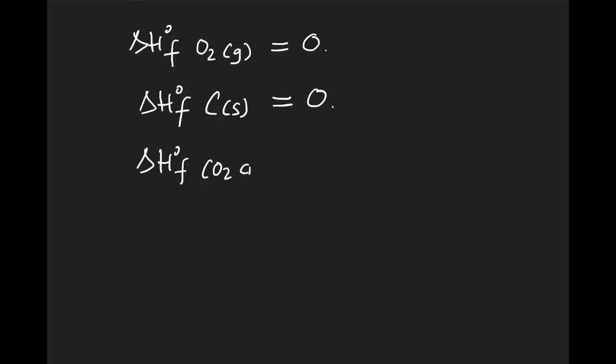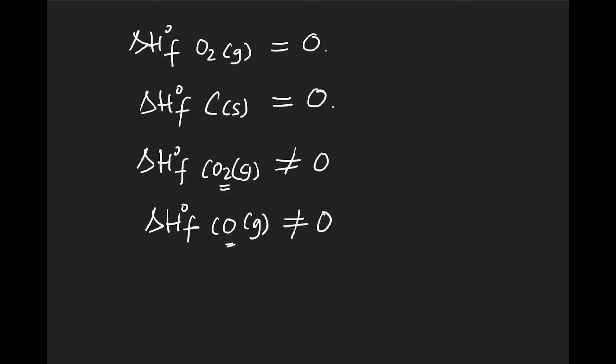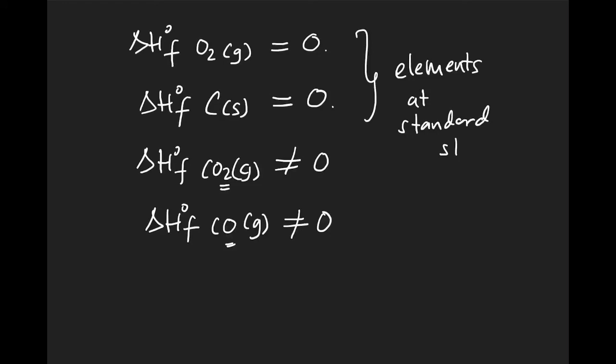Meanwhile, for carbon dioxide, the delta HF will not be equal to 0, and the same goes for other molecules like carbon monoxide. So this was dioxide, this is monoxide. The delta HF will also not be equal to 0. Only for elements at standard state or the most stable state in nature.